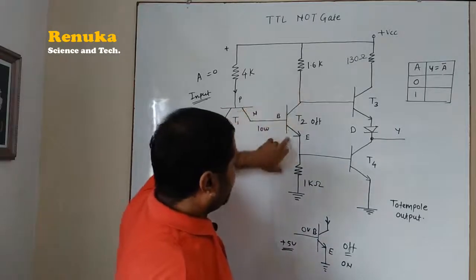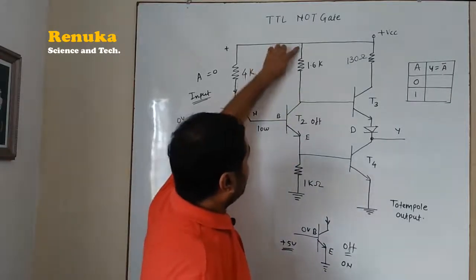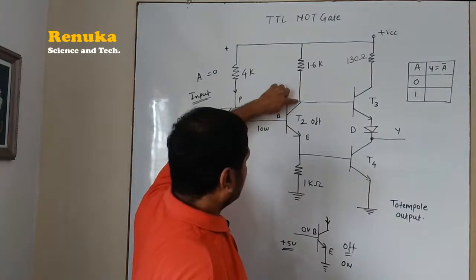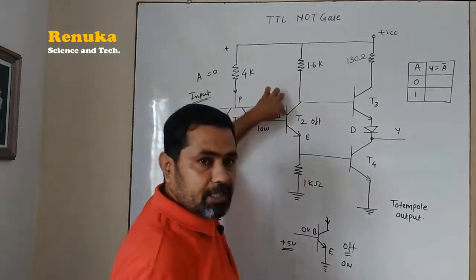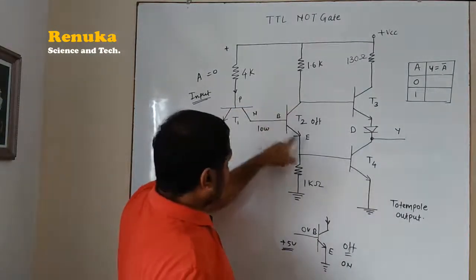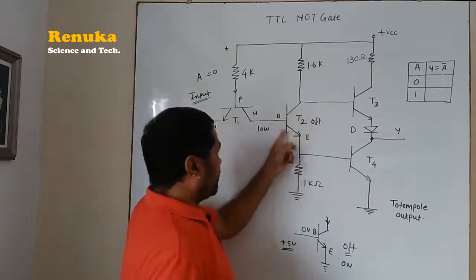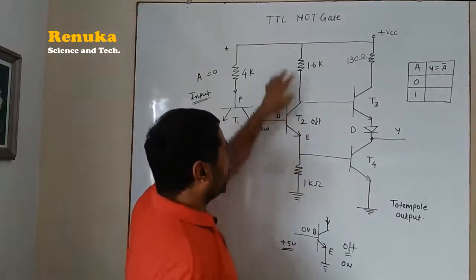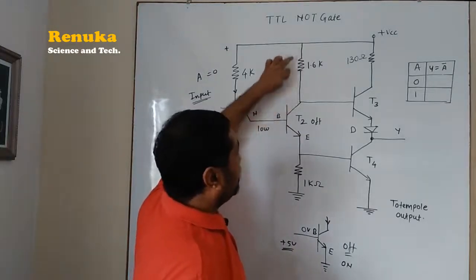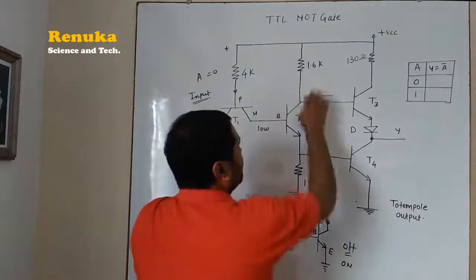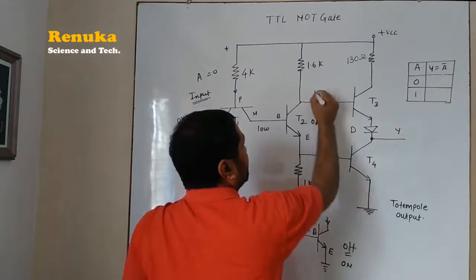Now what about T3? The current from the plus VCC will enter up to this point only, because the base to emitter diode is reverse biased as this transistor is off. So no current will flow towards this circuit. The current will drop here, and if the current drops here, the voltage across this point will be high.